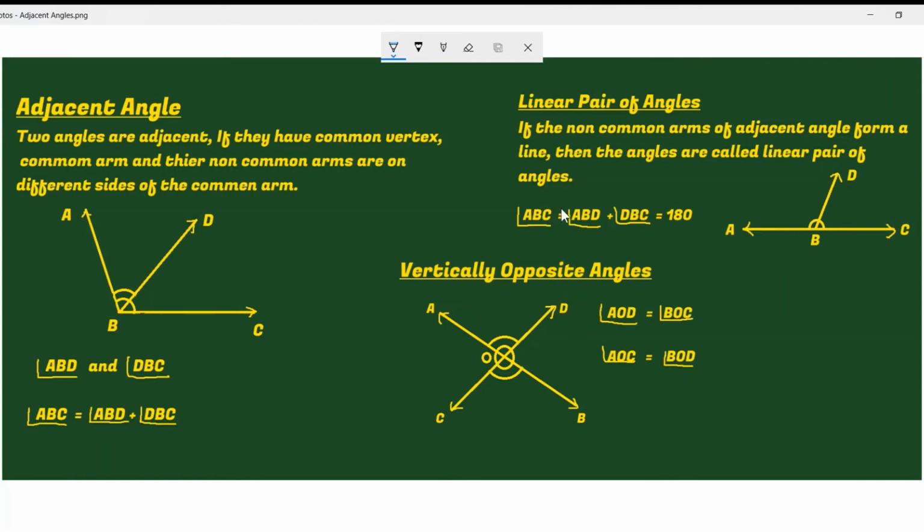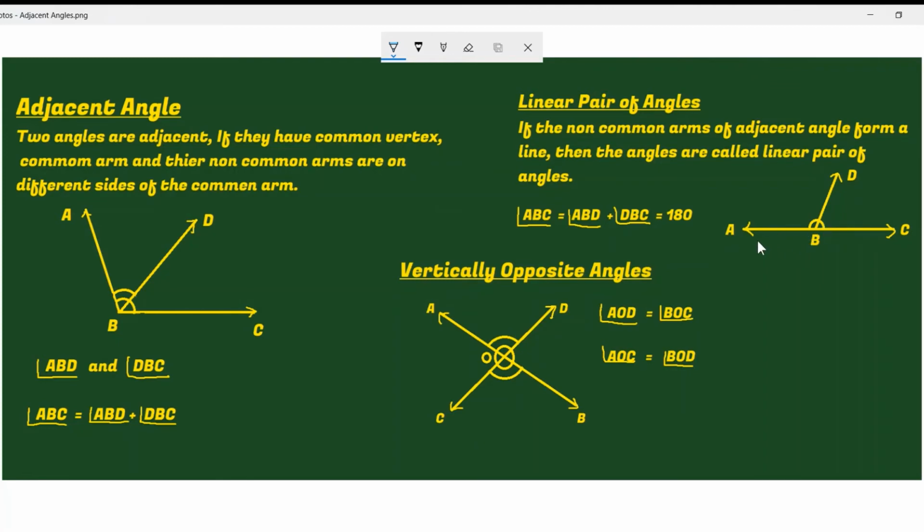Here also, angle ABC is equivalent to angle ABD plus angle DBC. We know a straight angle would be 180 degrees. What is a straight angle? If two rays form a line, then the angle between the two rays is called the straight angle, which would be 180 degrees.